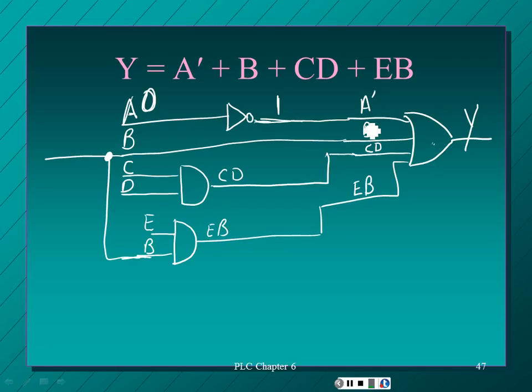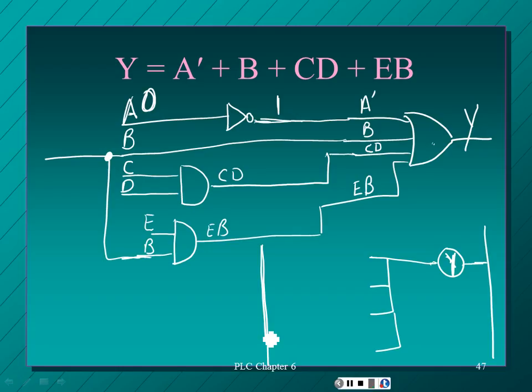Oh, you want to put that one in ladder logic? Okay. We have a Y. Coming off of the Y, what do we have? And how many branches do we have? 1, 2, 3, 4. I may not have left myself enough room, but maybe I did.